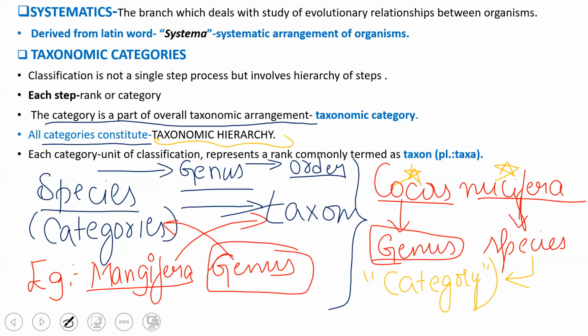Here we see the hierarchy from lower to higher groups, or from lower category to higher category. It involves a hierarchy of steps, which is called taxonomic hierarchy. Sometimes it is also referred to as Linnean hierarchy because it was proposed by Carolus Linnaeus, so a taxonomic category can also be called a Linnean category.